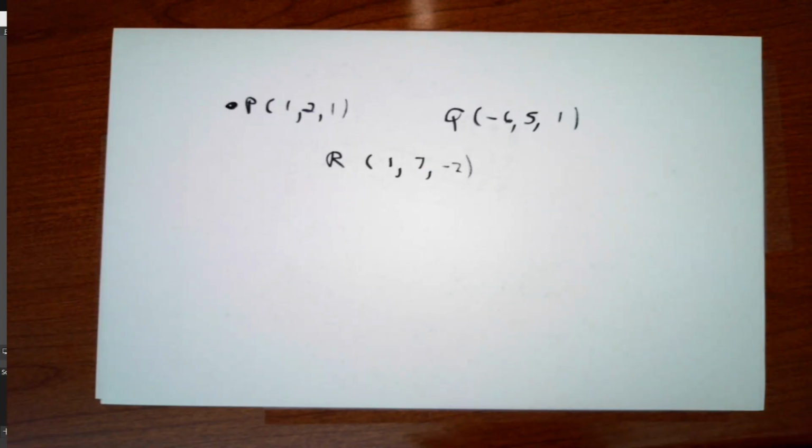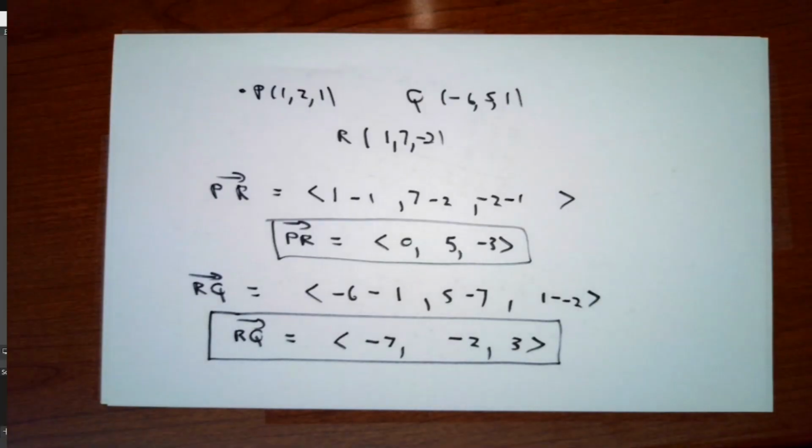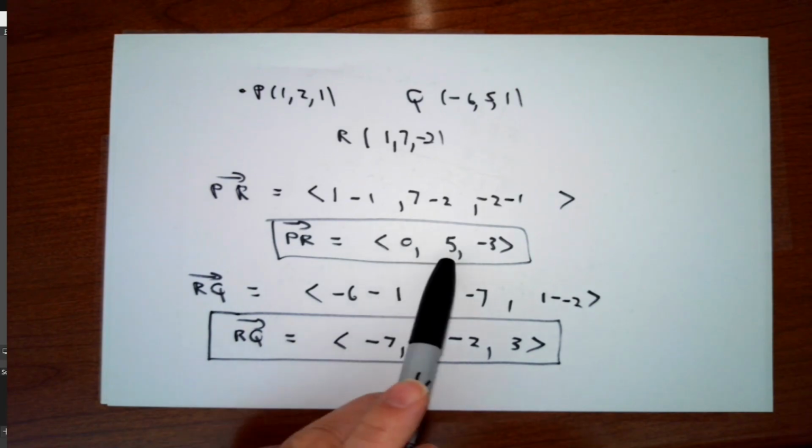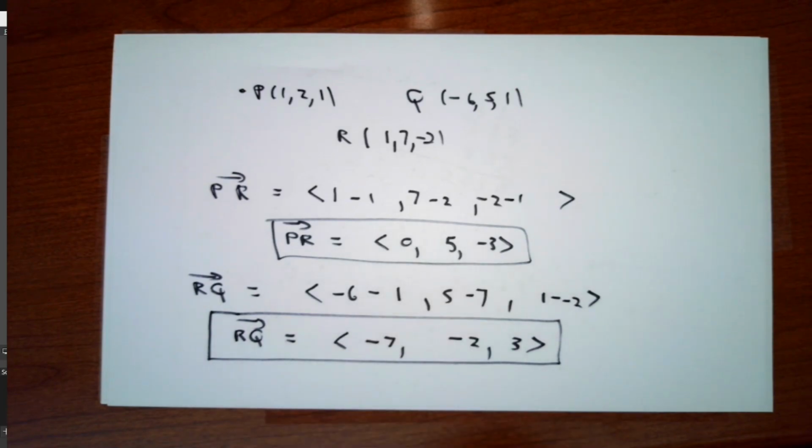As an example of this, I'll take the point P to have coordinates (1, 2, 1), Q (-6, 5, 1), and R (1, 7, -2), and I'd like to determine whether or not these 3 points are on a straight line in three-dimensional space or not. Calculation of vector P to R gives (0, 5, -3) for the components.